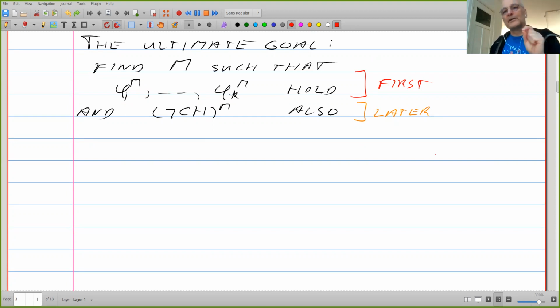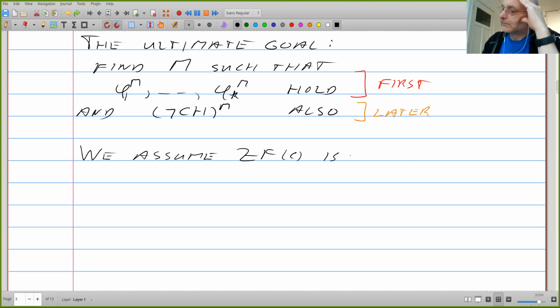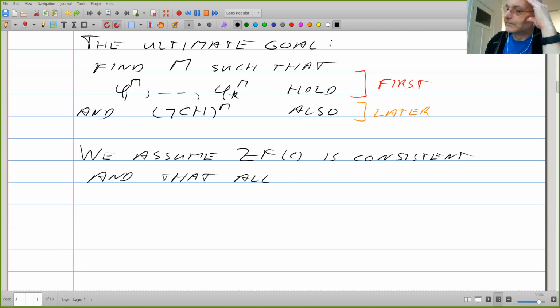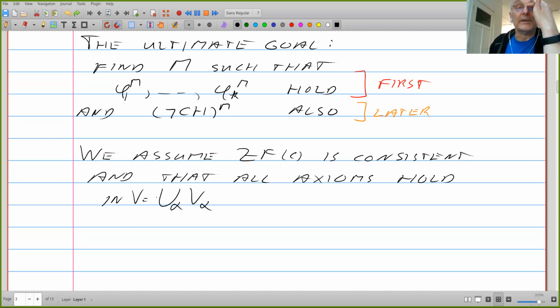It's not completely trivial, but it is quite straightforward because we assume that all the axioms hold in V, which is the union of the V alphas.